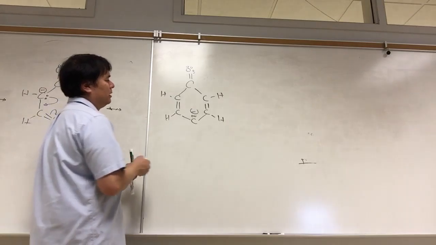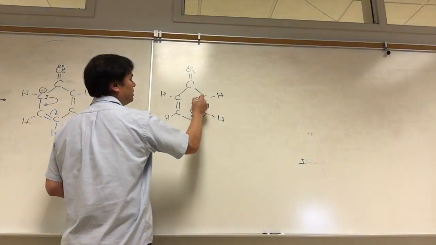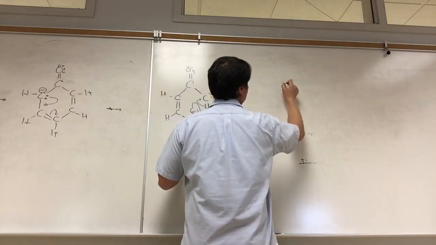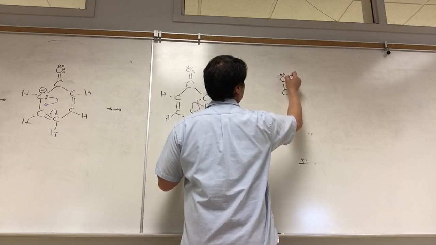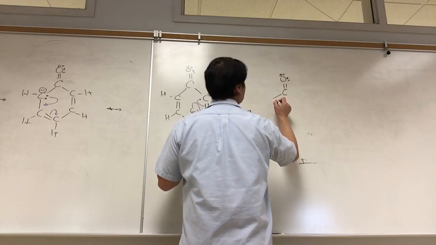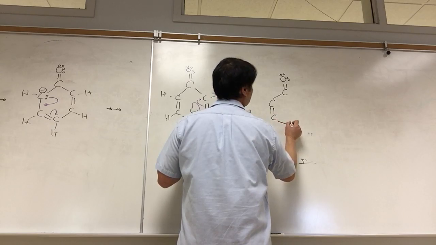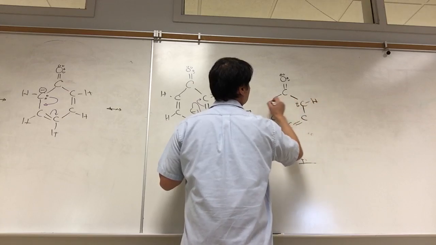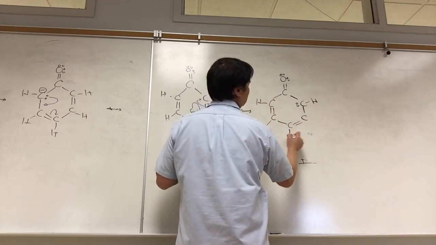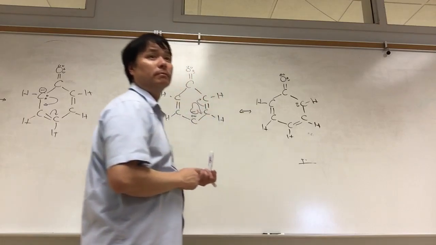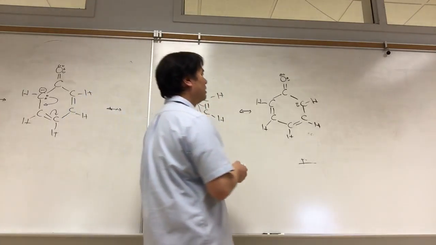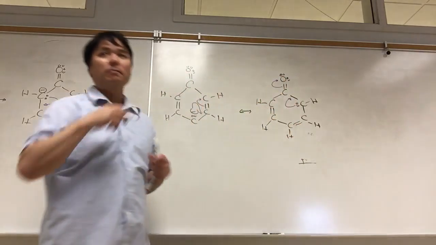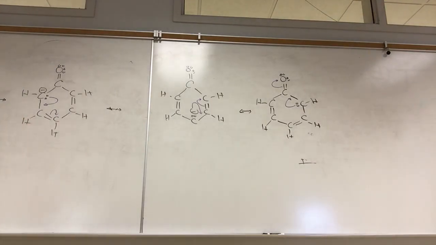And then we could do that again here. We pop these electrons into the bond here, pop these out over here. If you pop these down here and then pop these out, you'll end up where you started. And so that's a total of 4 resonance forms.